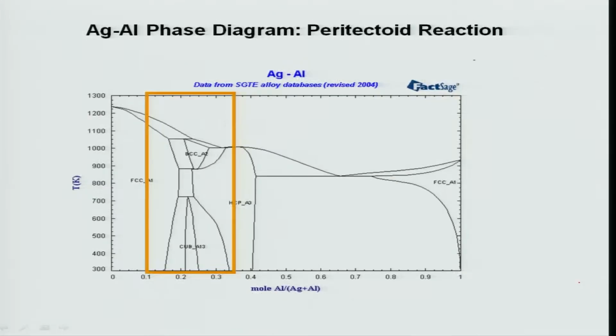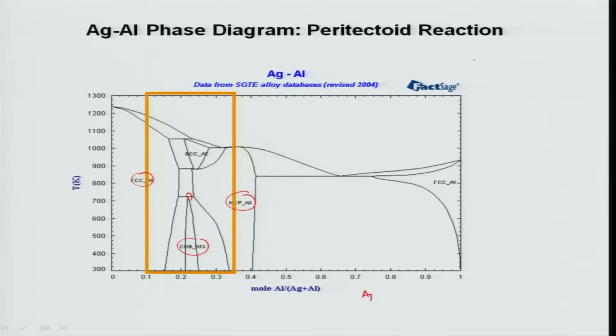Now, let me go to the next phase diagram, which is silver aluminum, and you can see here that this is a peritectoid reaction. Here in fact these two phases, FCC phase and HCP phase, react and form a cubic phase A13.